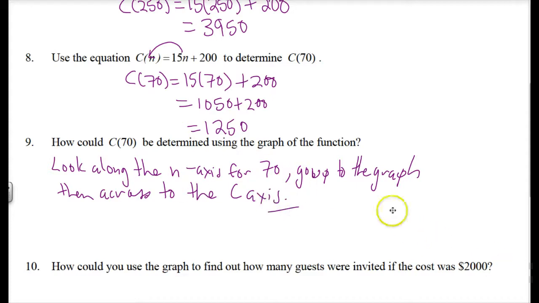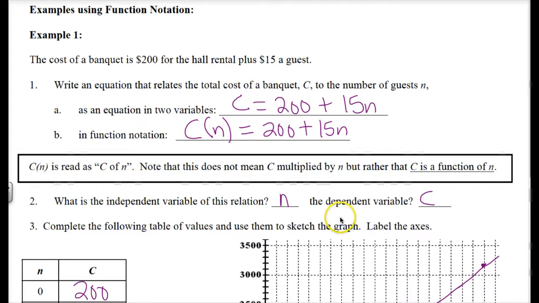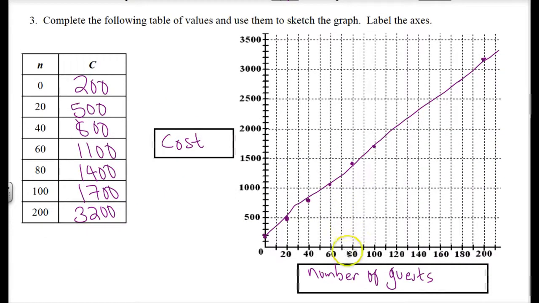So let's do that. Okay, 70 here, right, and over to here, and we've got 1250. So by drawing the line in, we would go to 70, go up to the graph, and then go across, and see that we had $1,000, $1,100, $1,200, $1,250.